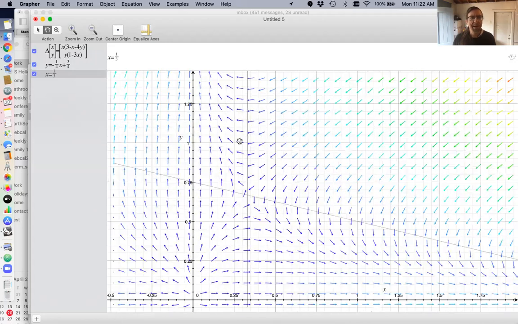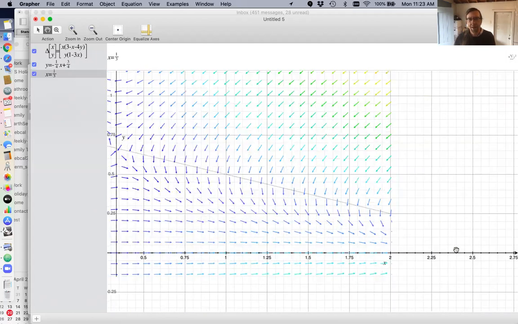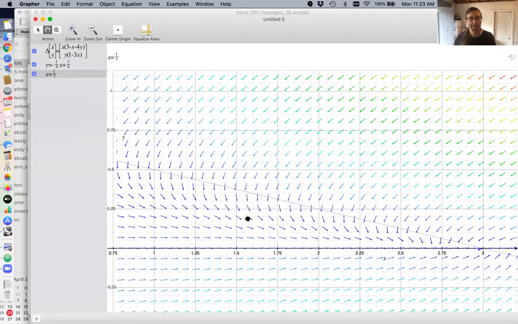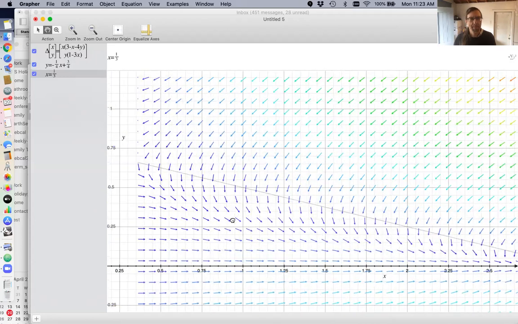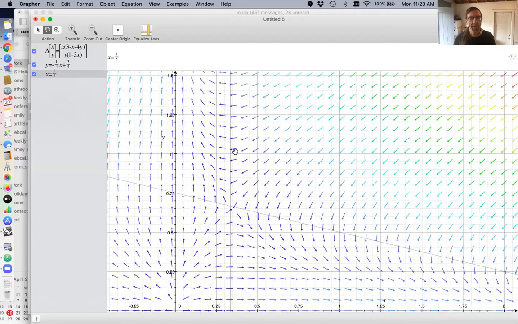But there's no way a point that starts up here at (1/3, 1) is going to end up way over here at (3, 0). No, if we're up here at (1/3, 1), we're going to shoot up the y-axis.